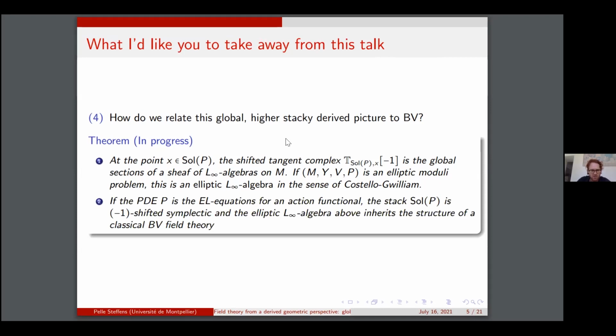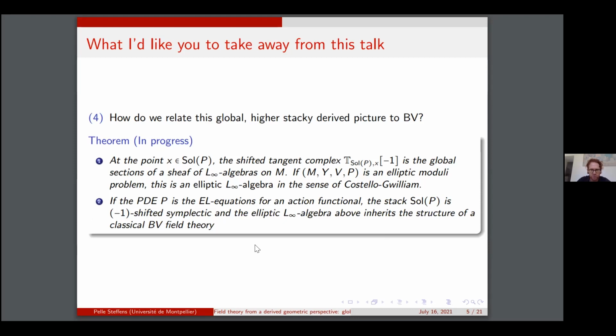And so I believe this first point is currently being investigated by Owen and David Carchedi, but I'm not sure how far their work is along. And this is something I'm thinking about at the moment. So if this partial differential equation actually is the Euler-Lagrange equations for some action functional, then this stack should admit a shifted symplectic structure.